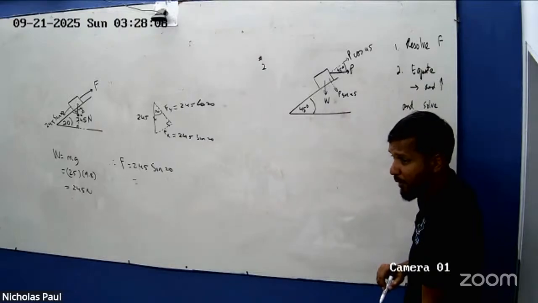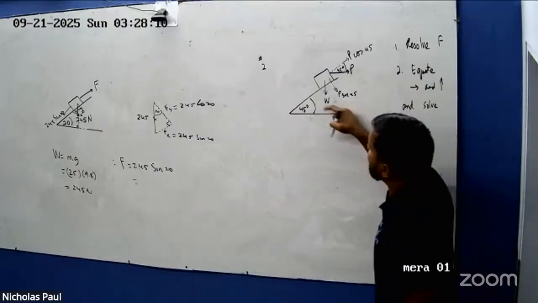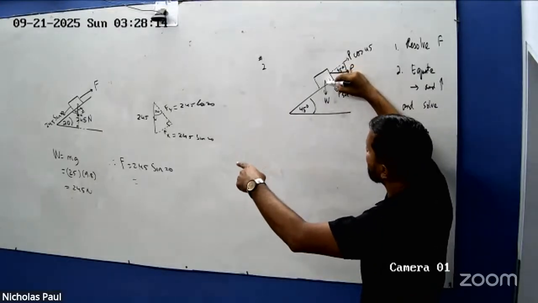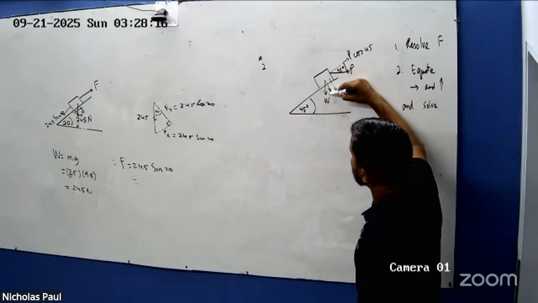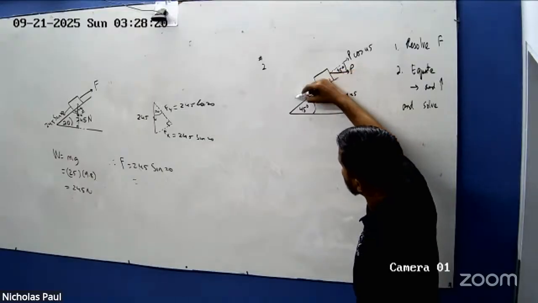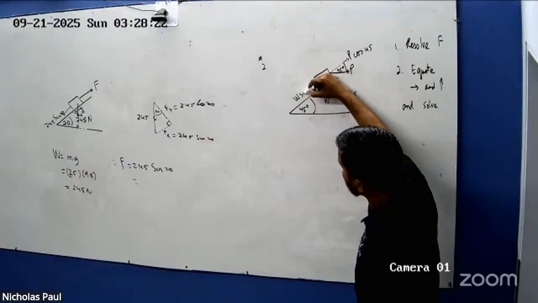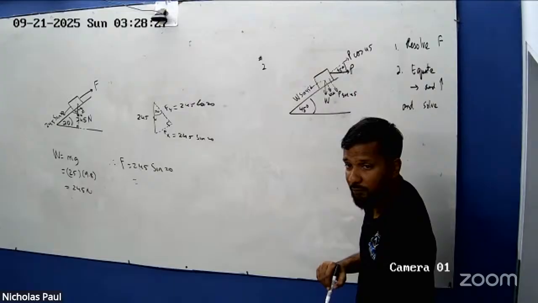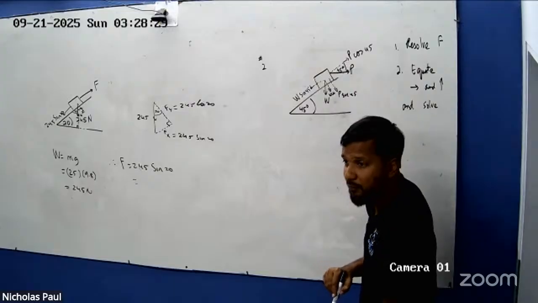You okay with that? Now W. If I resolve W, just like the last one, here will be W cos, and here will be W sine. Just like last time. You okay with that?